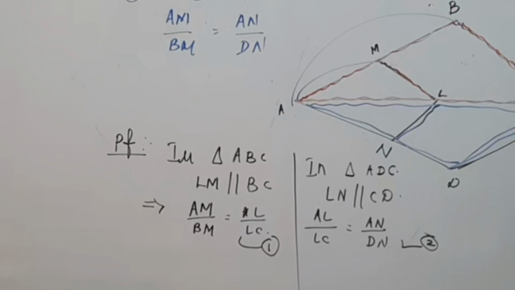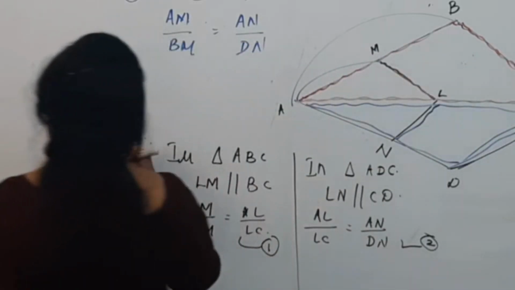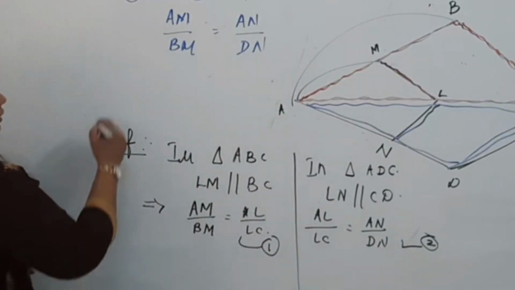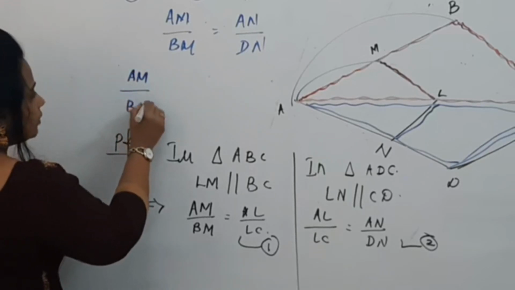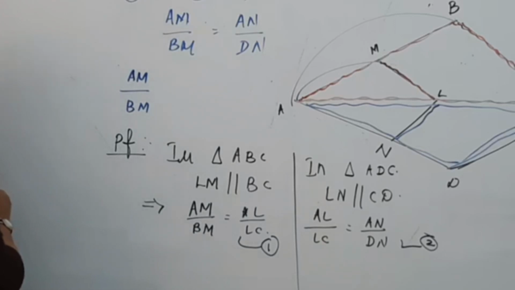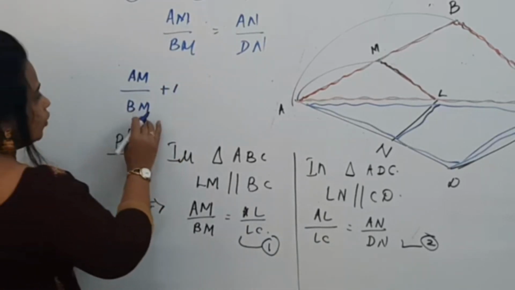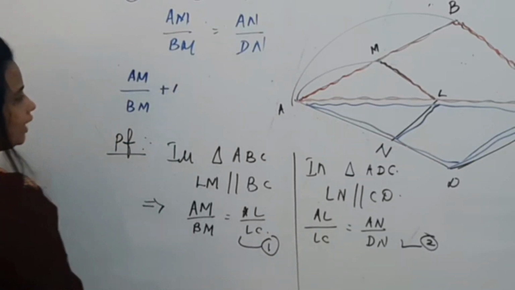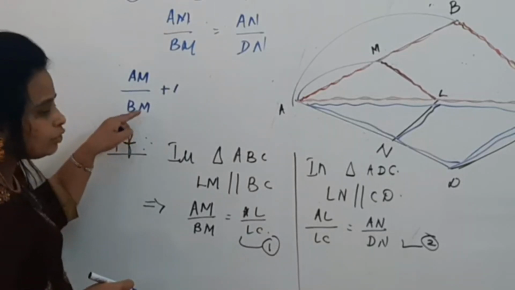What I do here is add 1 to AM by BM, because I have to get my AB. You have to think about it. So AM by BM plus 1 gives AB divided by BM only. Why? Because the LCM is going to be BM.